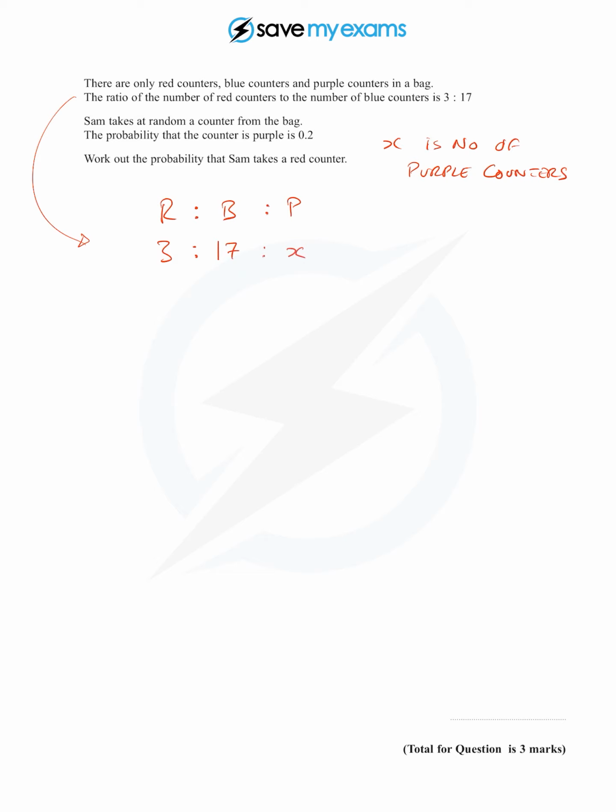Now what's the other piece of information we're given? Well, it's this probability thing here. So the probability that the counter is purple is what? Well, it tells me that it is 0.2. Okay, now how else can I do that in terms of X? Well, it's clearly going to be X out of the total, isn't it?